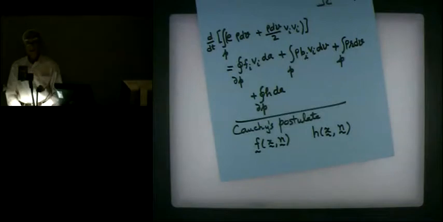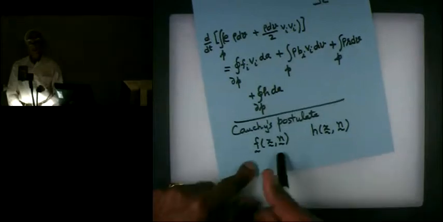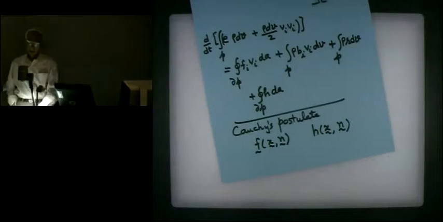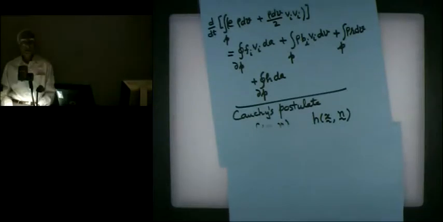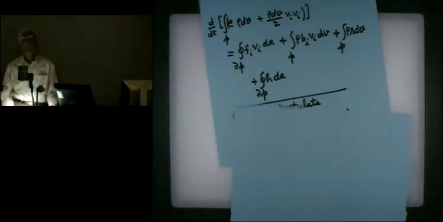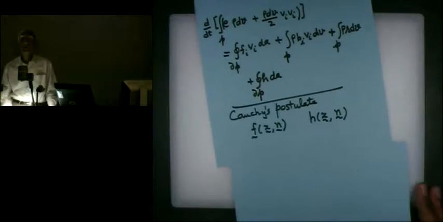Then what did we do? We said the balance of linear momentum holds for a pillbox, and for a tetrahedron, and we showed that F is a linear function of n. Right?